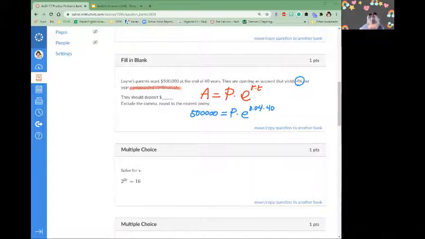Okay, so now this is the targeted variable that we are finding. Then you should be able to calculate e to the power of 0.04 times 40, and then properly get it, and then divide both sides, right?